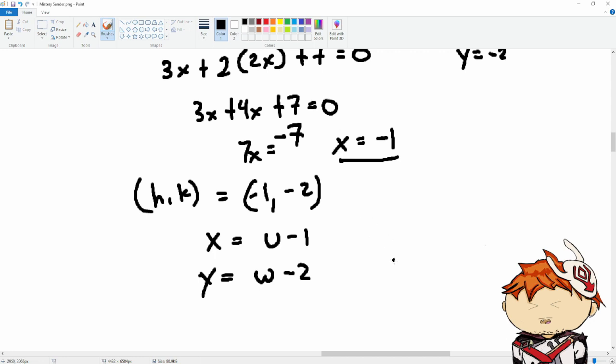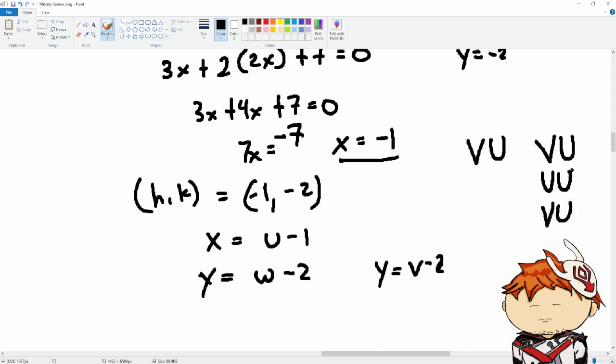In the book it says y is equal to v minus 2, but because v and u are very much the same when you're solving, I tend to use w. You can change the variables, but basically that's how you substitute it.